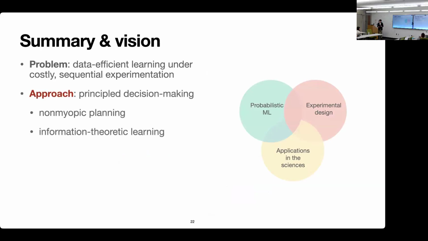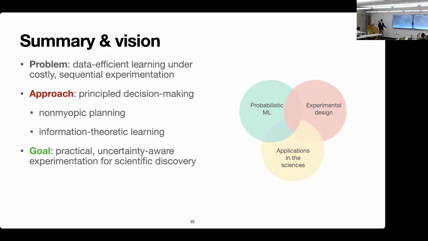My approach is we want to use principle-based decision-making that is either based on Bayesian decision theory that will induce non-myopic planning, or some information theory that will help us identify the most informative data points as possible. And the overarching goal is to develop practical experimental design tools that will aid scientific discovery.